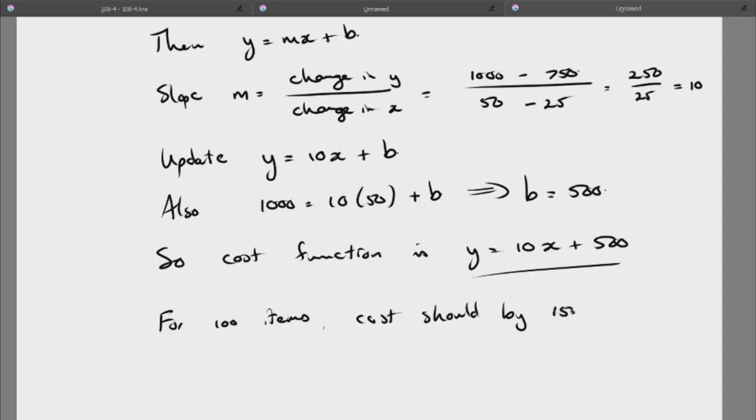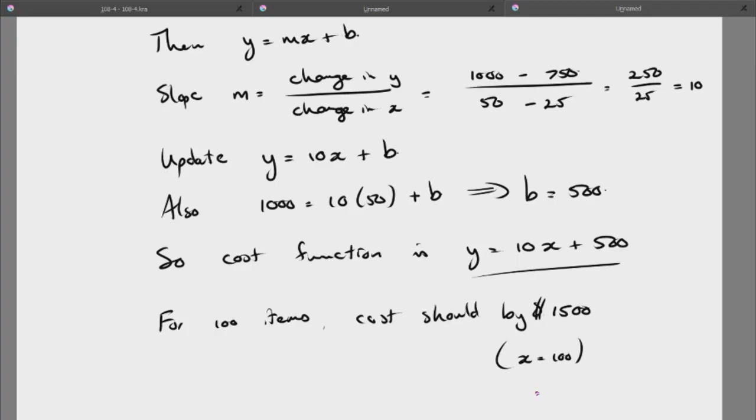When I plug in 100 for x, I have 1,000 plus 500, so 1,500. Straightforward, hopefully familiar, and if it's not, then some review may be required. It's totally up to you. You decide how much review you need.